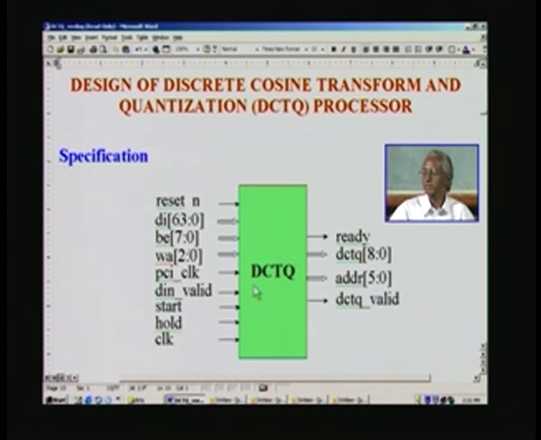When the DCTQ process is going on, you can also input the next block of image. In DCTQ processing there are 64 coefficients, and as I mentioned before, every clock one pixel is processed. Thereby you have a 64 clock cycle requirement for processing one block, whereas you need just 8 clock cycles of the PCI clock to input it.